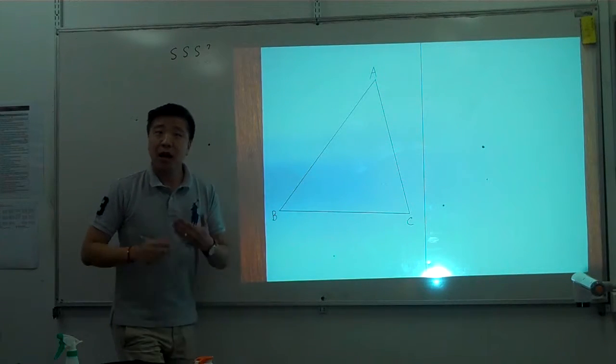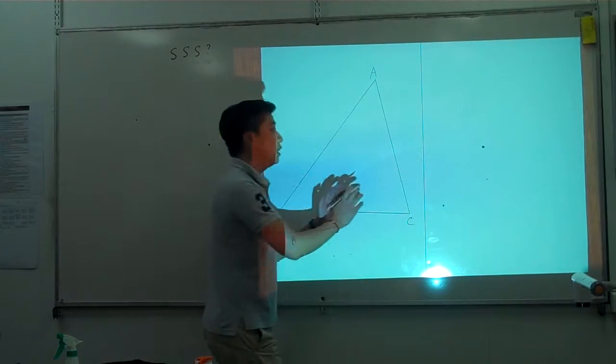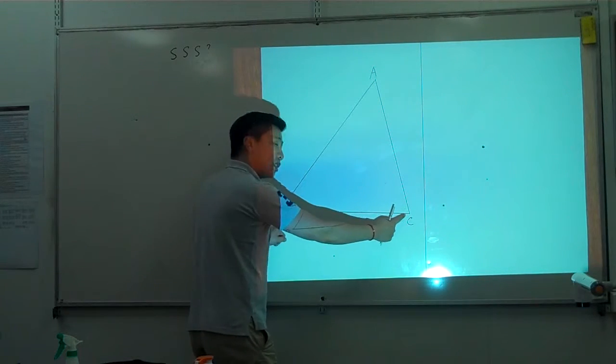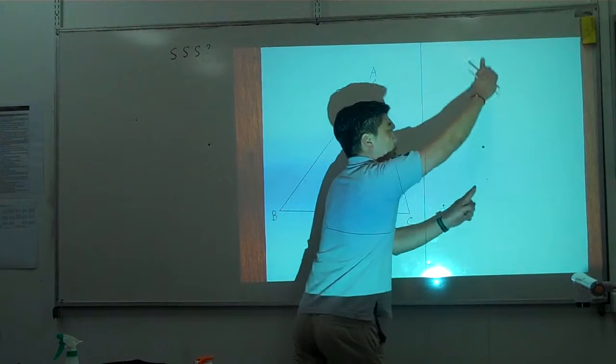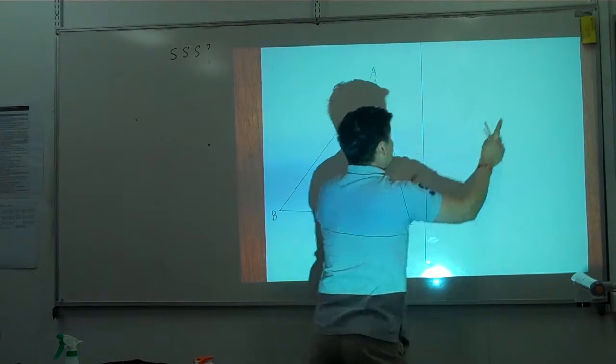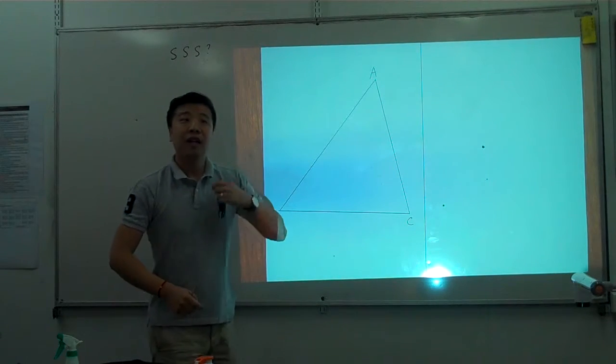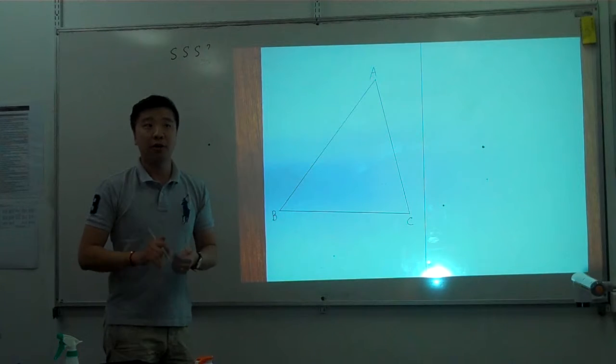In other words, I want to draw another triangle, and if I can make sure this side equals this side, this side equals this side, and this side equals this side, can I draw the exact same triangle?